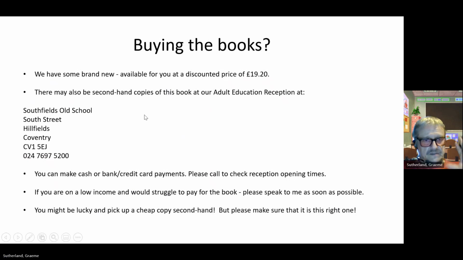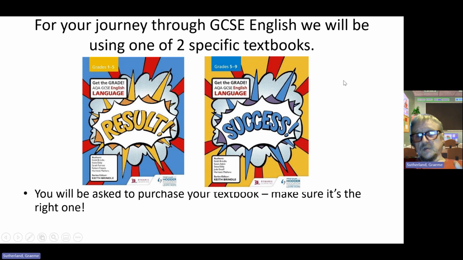You need to make sure that you are looking for the right book. I will be sending out an email about this, by the way. So there are two books. The blue one with result written on it is for grades 1 to 5. And remember, your grades have now replaced the A, B, C, D, E grading system.